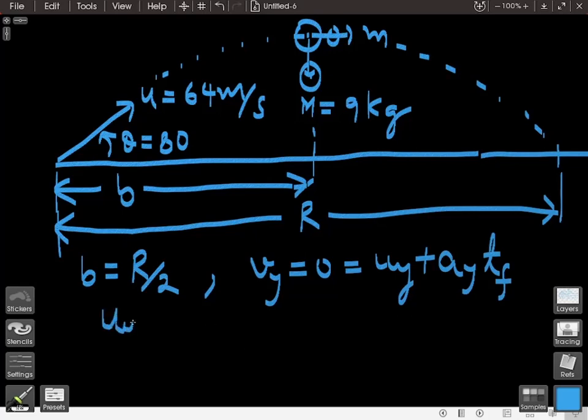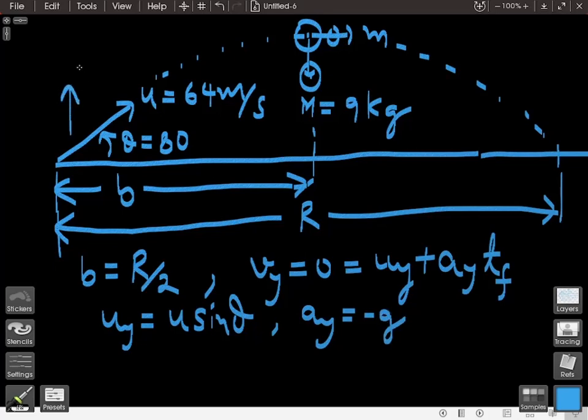We know uy is equal to u sine theta, and we know ay, the acceleration along the y direction, is minus g. Okay, we have taken a sign convention: anything in this direction is considered positive, right? And anything that is downwards, that is acceleration due to gravity, will be negative.